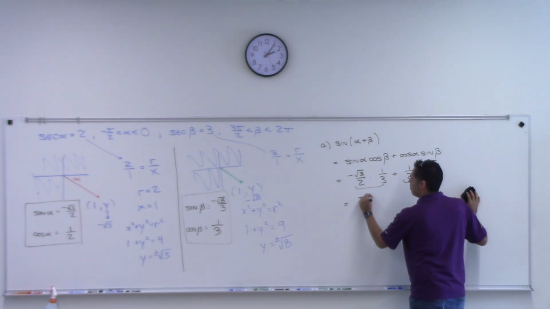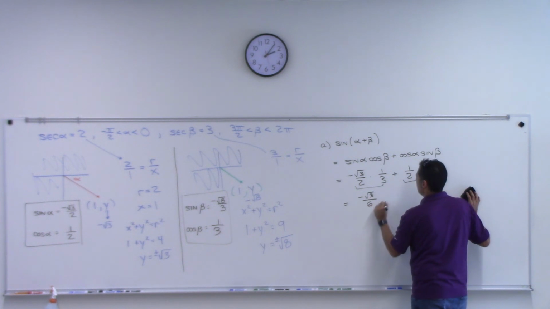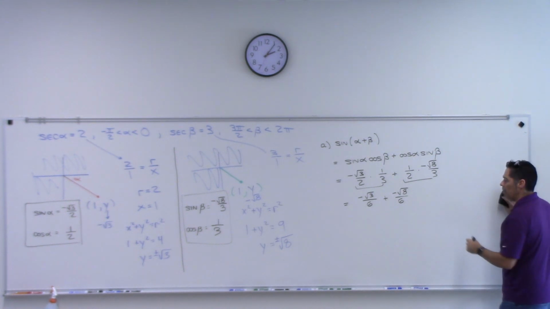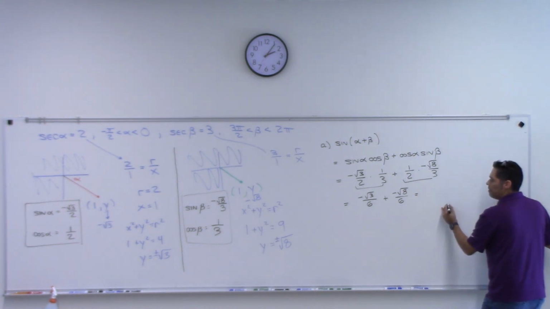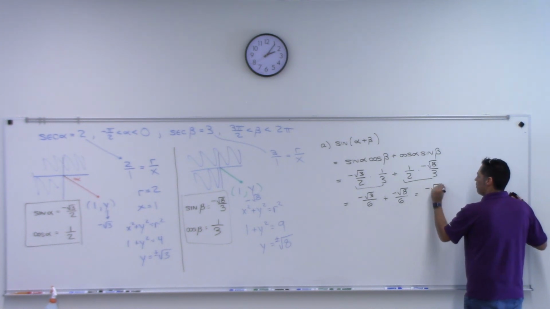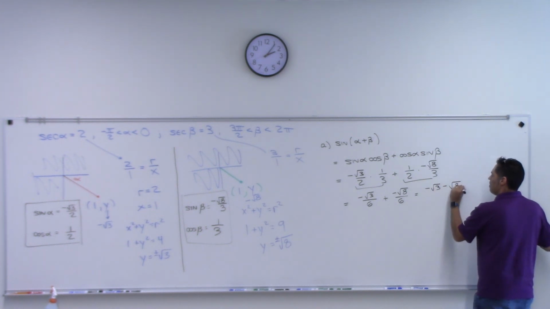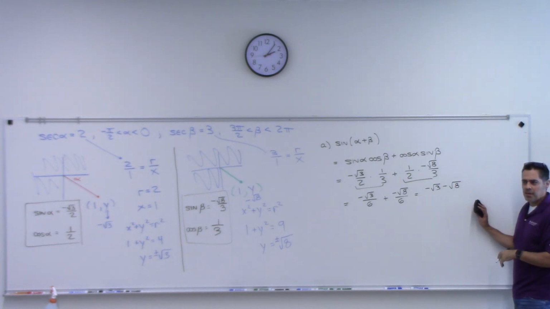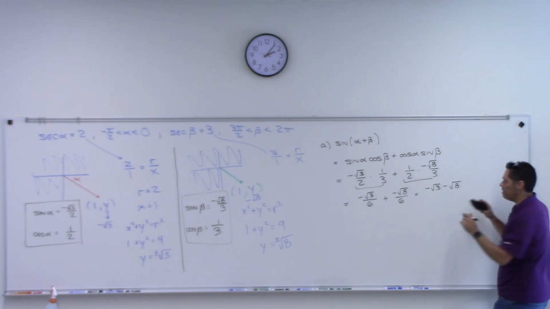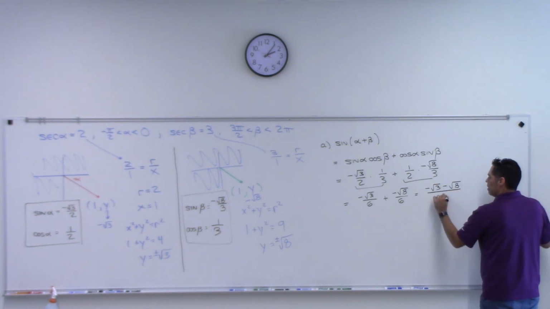So negative root 3 over 6 plus negative root 8 over 6. They have the same denominator already. So I put that together and I make that negative root 3 minus root 8, good. Negative root 3 minus root 8, right? It doesn't become negative root 24 or negative root 11, right? Those are not like radicals, so we have to keep them apart and then put it in here.